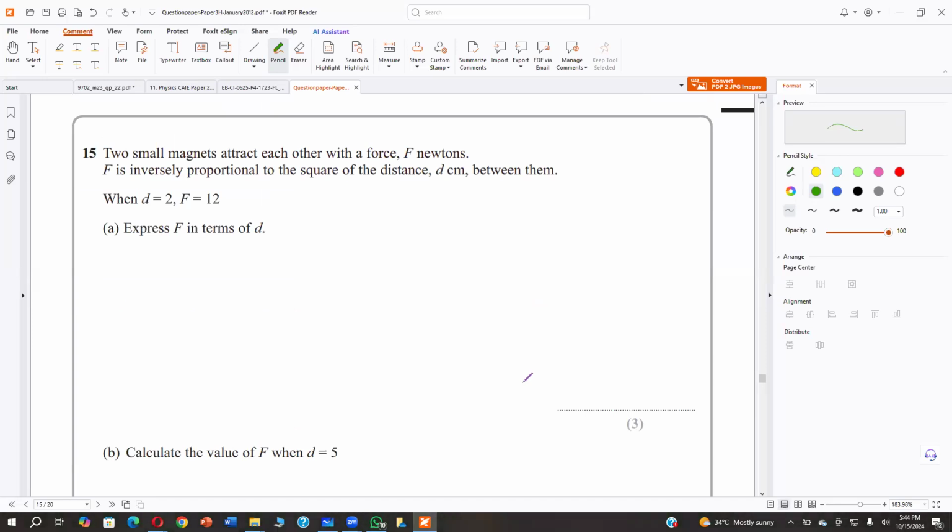Two small magnets attract each other with a force F. F is inversely proportional to the square of the distance between them.